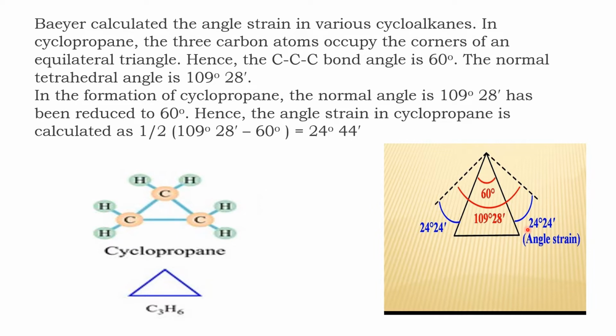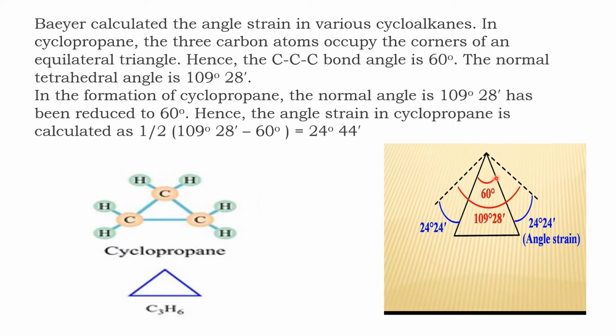Or we could say cyclopropane consists of 3 CH2 groups at the 3 corners of that planar structure. That means cyclopropane is a planar structure. And when we calculate, the bond angle is found to be 60 degree.